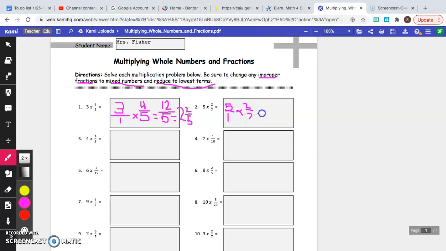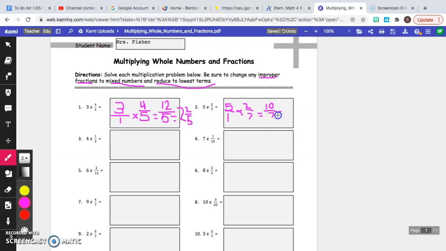So 5 times 2 is 10 over 7, because 1 times 7 is 7. So again, improper, right? That top number is bigger than my denominator.